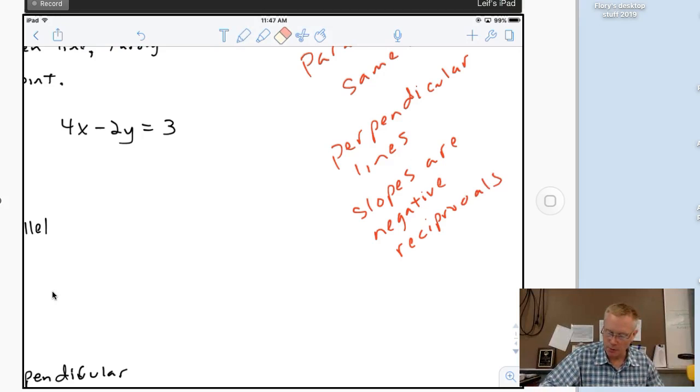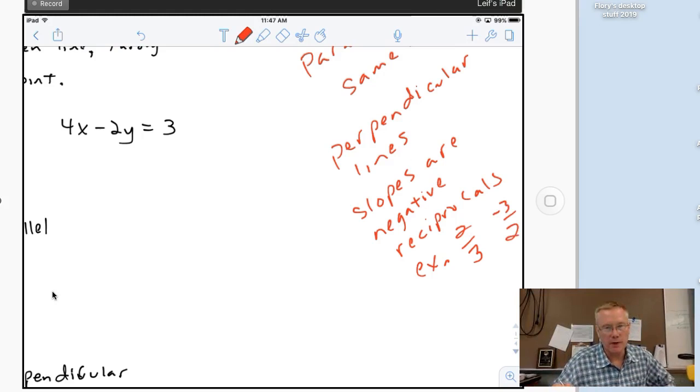So negative reciprocals would be like 2/3 and negative 3/2, where you flip the fraction upside down and change the sign from positive to negative. Okay.